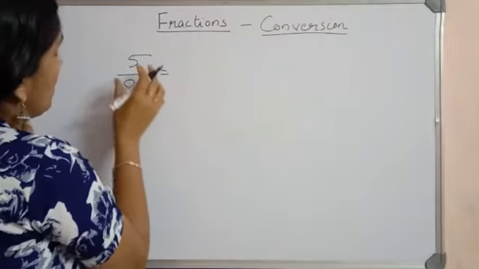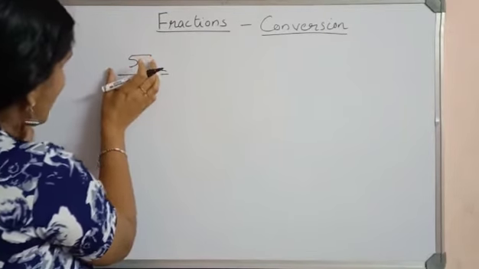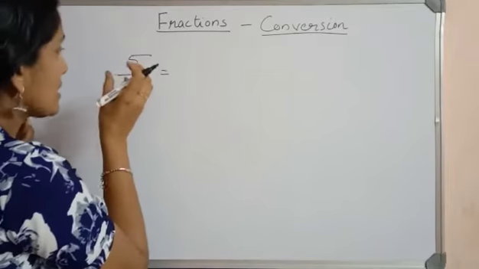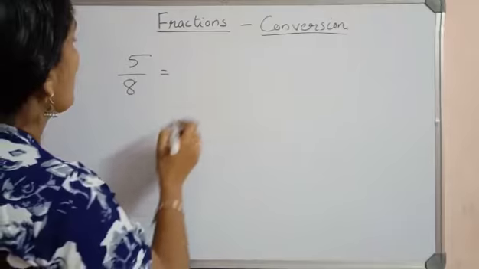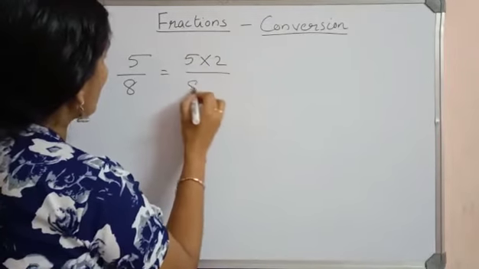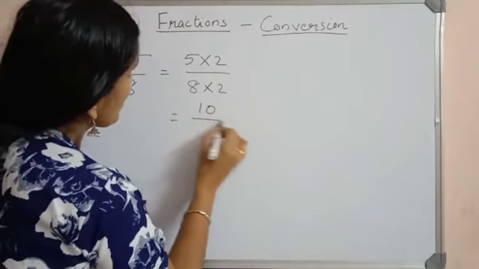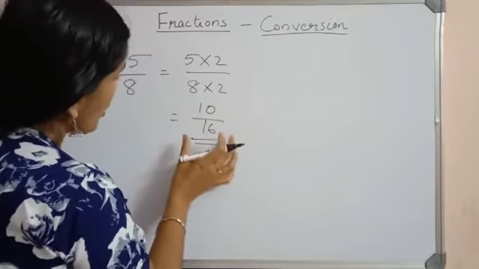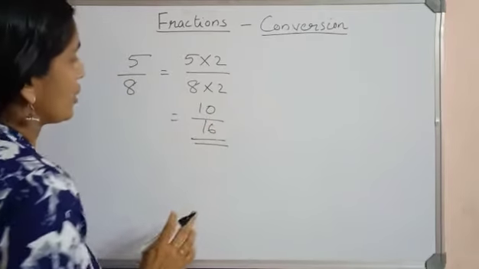When you multiply or divide both the numerator as well as the denominator with the same non-zero number, the fraction remains the same. So if you write this as 5 into 2 by 8 into 2, you get 10 by 16, and the fraction 10 by 16 is same as 5 by 8.